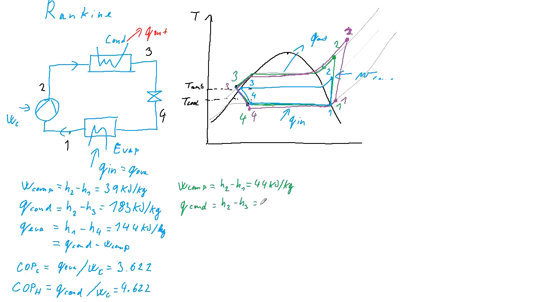So the heat of the condensation was 188 kilojoules per kilogram.